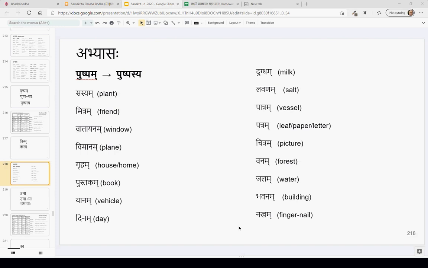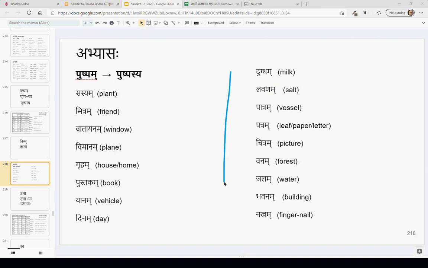Next Nirmala. Vimanasya. You don't have to use the word which is here. You can use your own word. Vimanasya chalakah.